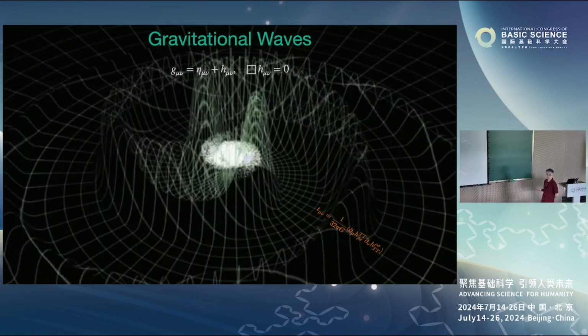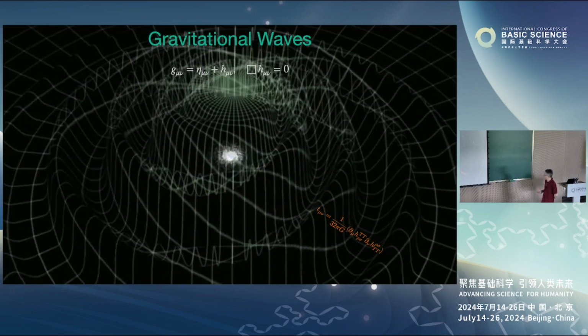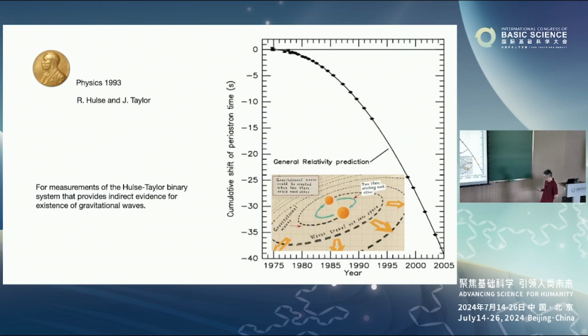This is a very important point for the gravitational wave. That's why we observe the size of the orbit of this binary shrinks, due to the gravitational wave carrying energy away from this binary system. This provides indirect evidence that there should be gravitational waves in our universe.